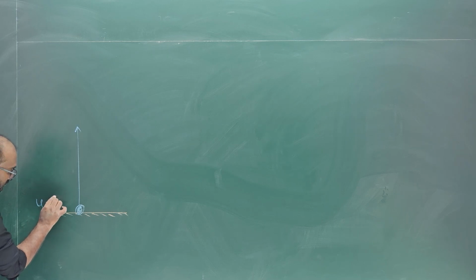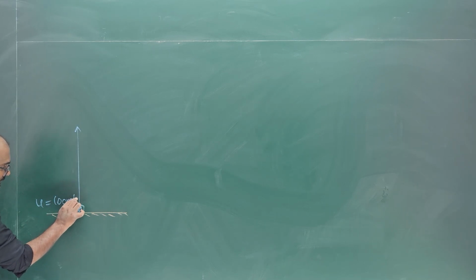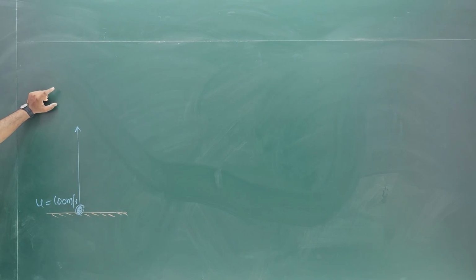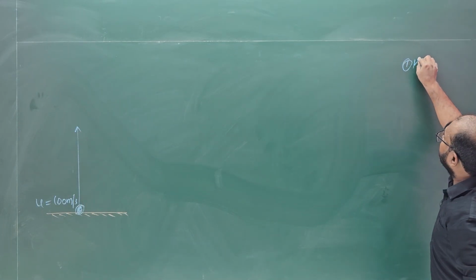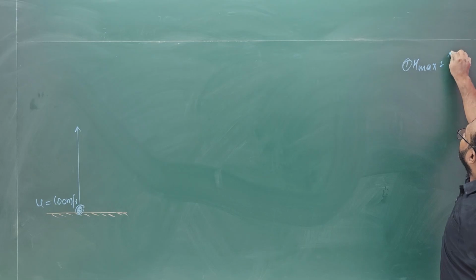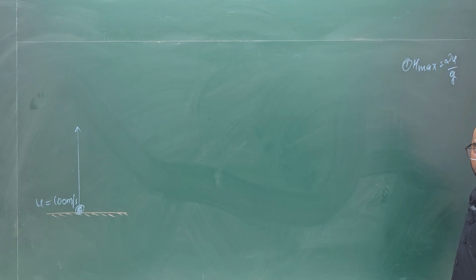Okay, and u is equal to, let's take 100 meter per second. H max. Formula for h max. H max is equal to 2u upon g. Are you sure about that?